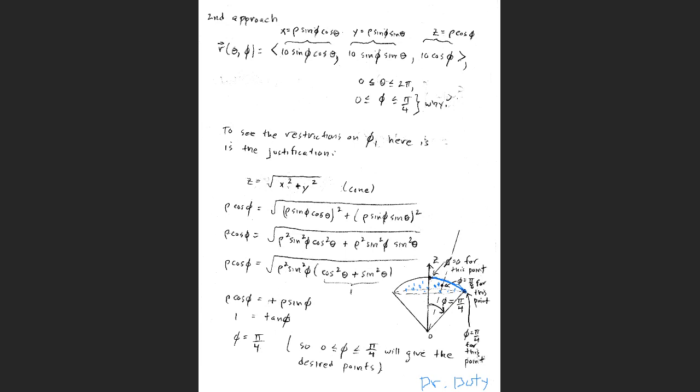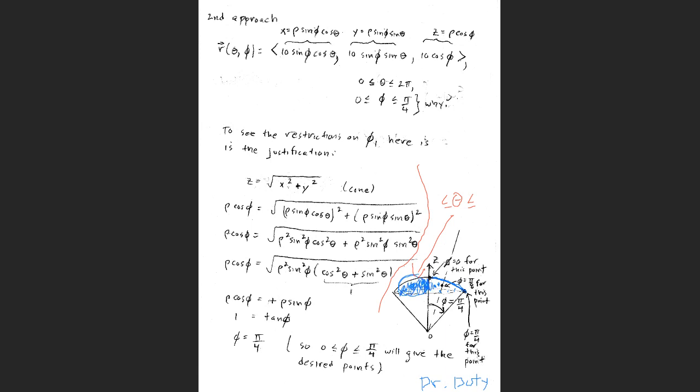Incidentally, for all these points here, what would theta be between? For this shaded area, for this half of the surface.